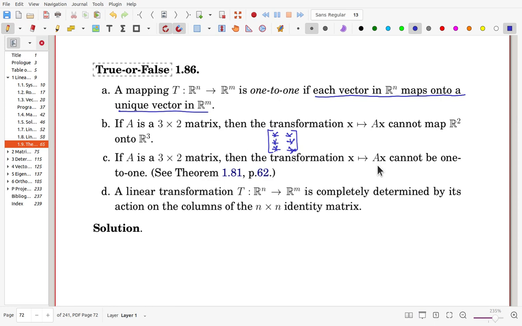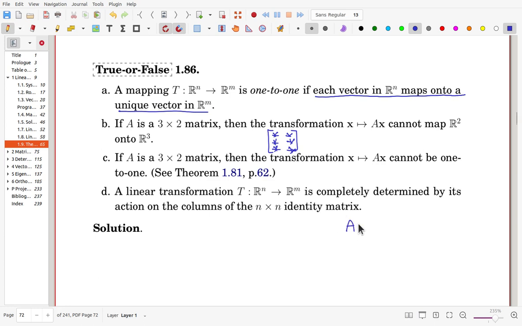The linear transformation T from Rn to Rm is completely determined by its action on the columns of the n by n identity matrix. Is it true? Yes, it is true. The columns of the n by n identity matrix are E1, E2, E3, and so on, and a linear transformation defined on Rn can be decided by them.